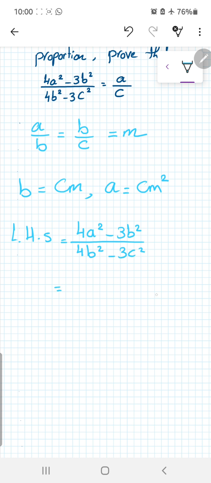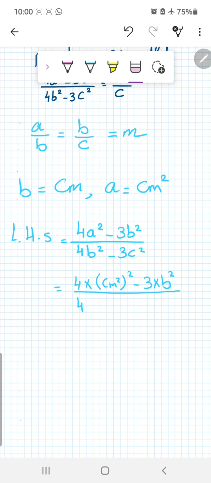Substitution: here 4 times A power 2, so 4 times A, which is CM power 2, all to the power 2, minus 3 times B power 2. B power 2 equals what? Sorry, here B equals CM.